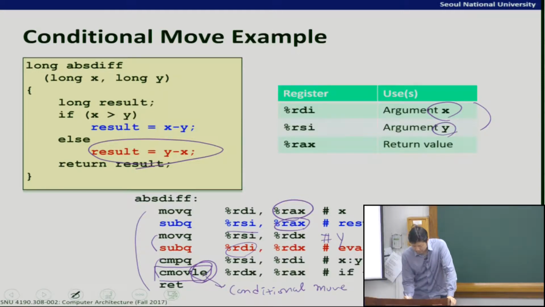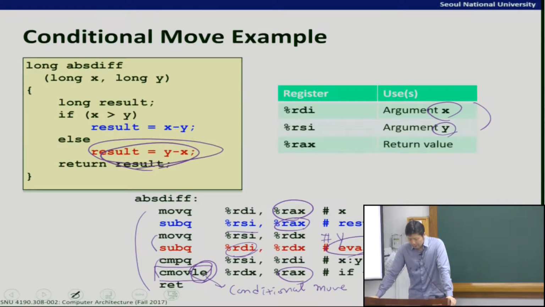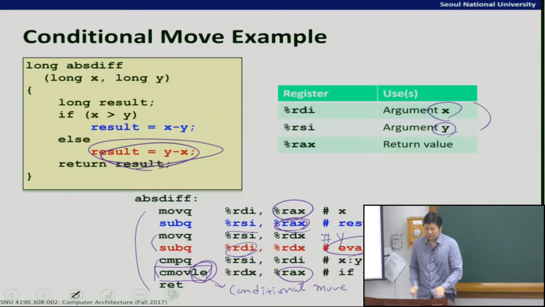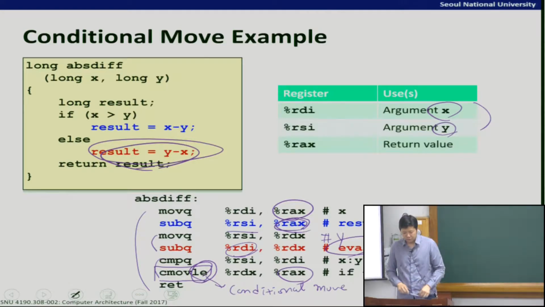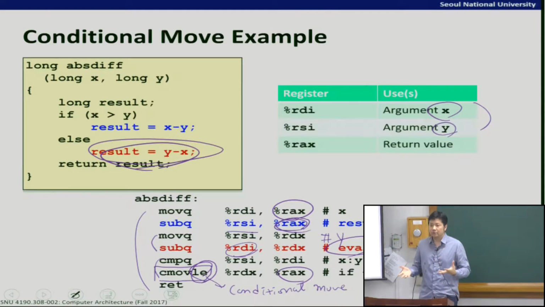So before we return to the caller, we update the return value with the value we calculated in the RDX register. Otherwise, we simply return the original value of the then clause. That's basically how we make use of the conditional move to implement this if-then-else.